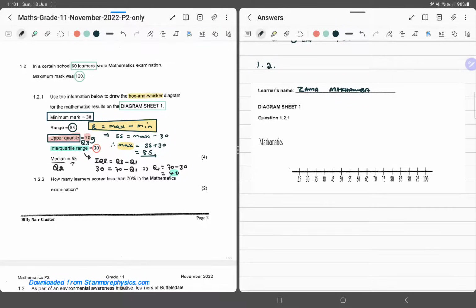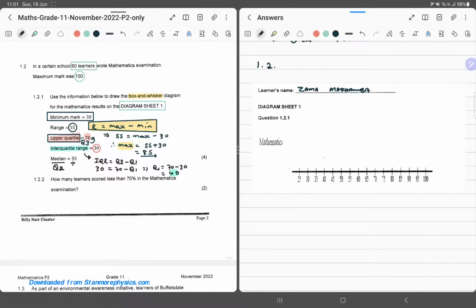So we know here we've got a point on 55, and then we've got a point on Q1, which is 40, and then we've got a point on Q3, which is 70.